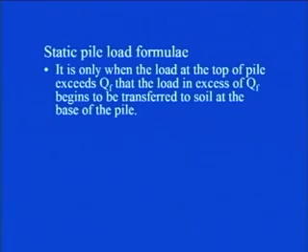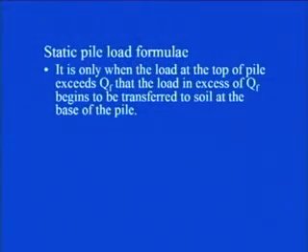So, the load is gradually increasing, and a situation will come when this friction load gets mobilized along the total length of the pile shaft, and that stage we are calling the ultimate skin friction resistance QF. At that condition, your Q which is applied from the top will become equal to QF.